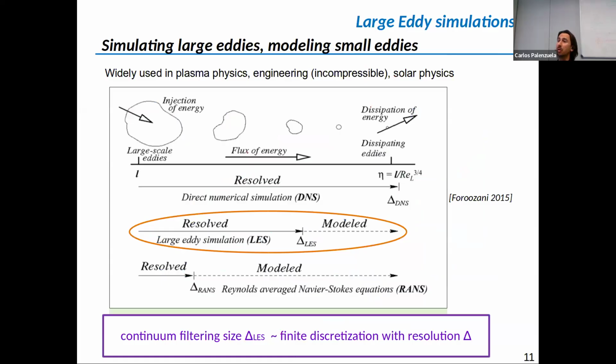The direct numerical simulation is where you try to resolve all the scales, but we have seen that that is unachievable in our case. The next, simplest approach is to do these Large-Eddy simulation techniques where you solve the large scales and you model somehow the smaller scales. You model the effect of the smaller scales on the large scales in your evolution. And you can do it at the continuum level with some filtering size that we are going to associate with the finite discretization resolution of our mesh, of our grid.